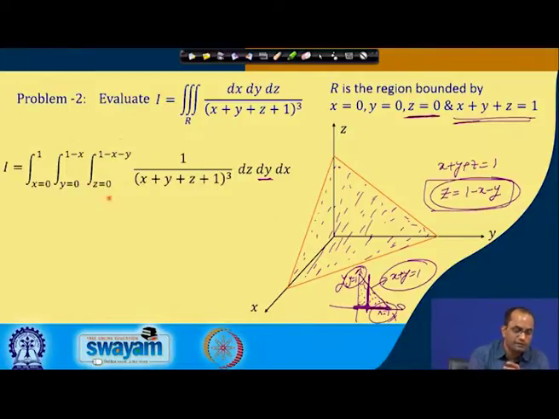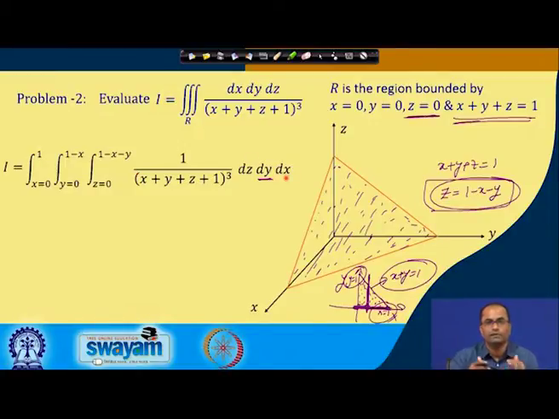So, fixing the limits of z was trivial in this particular case: z goes from 0 and it leaves at z is equal to 1 minus x minus y. Once we have fixed the limits for z, we can project our domain of integration to the xy plane, because for z we have fixed already.